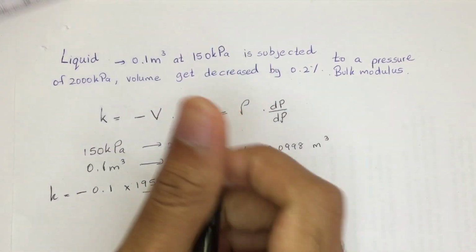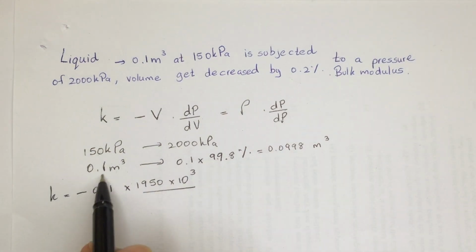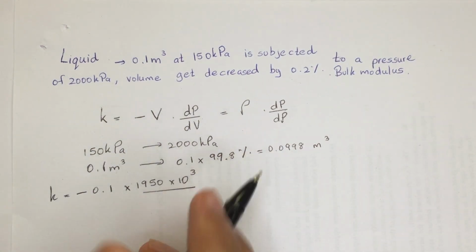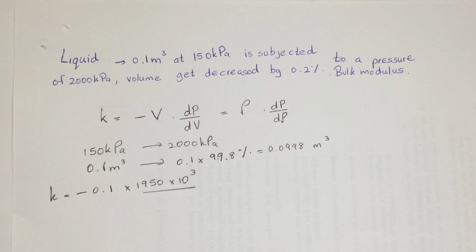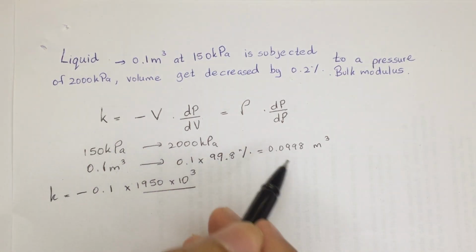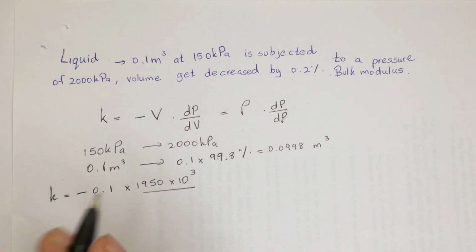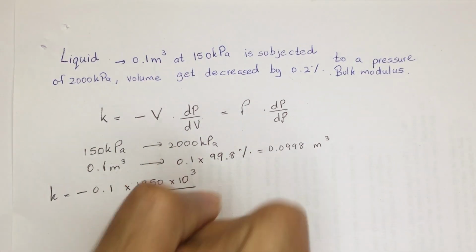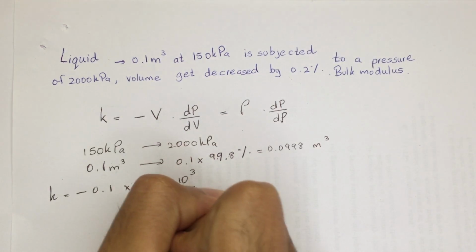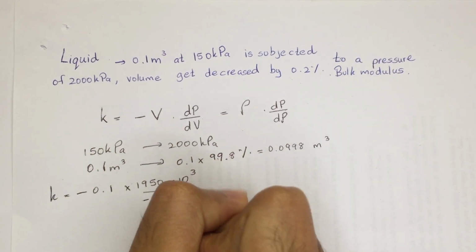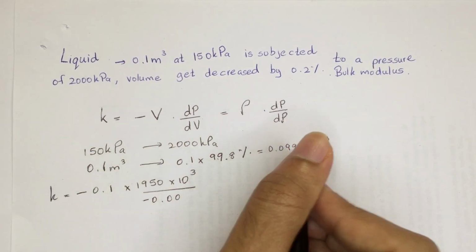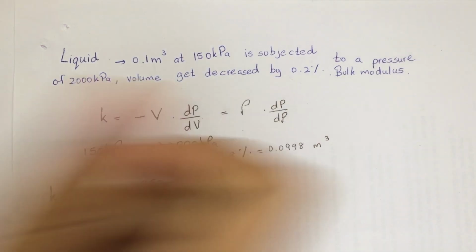And the next thing is delta V, final minus initial. When you are considering the change in any quantity, you need to consider the final quantity minus the initial quantity. So 0.0998 minus 0.1, you are going to get the answer in minus.